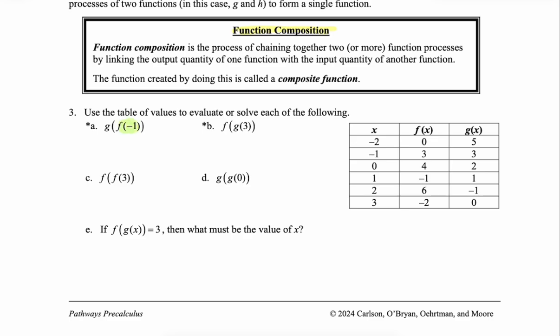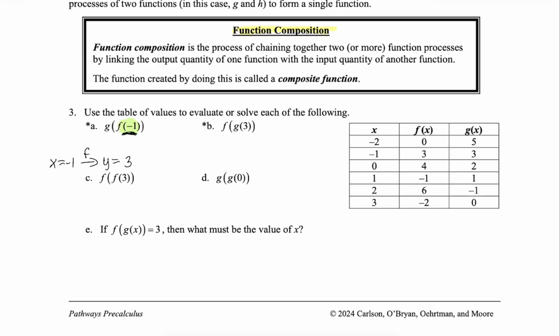That's saying that our x value is -1. We're going to put it into the f function and we're going to get a y value. So let's go over to the chart. f of -1: when our x value is -1, our f of x value is 3. So now we know this is 3.